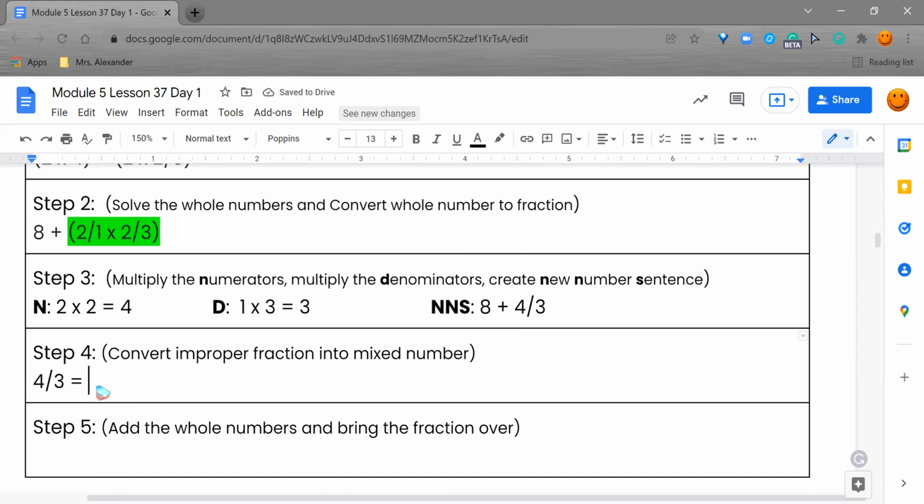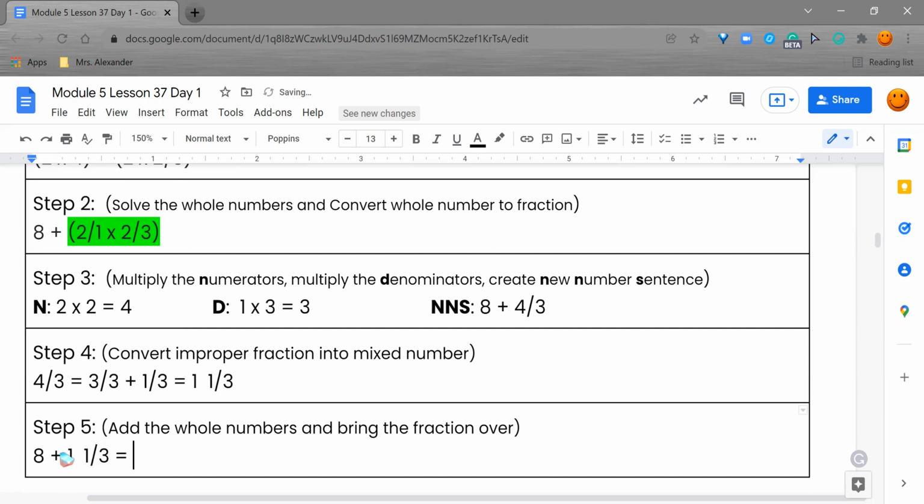So 4/3. I have to skip count by 3, and it looks like I can pull 1 out, and I have 1 left over. So here we go, you guys, which equals 1 1/3. Now I take that 8, and I add it to the 1 1/3.